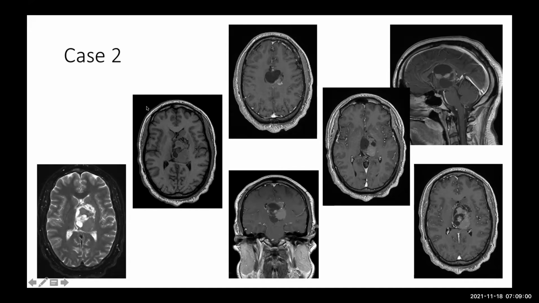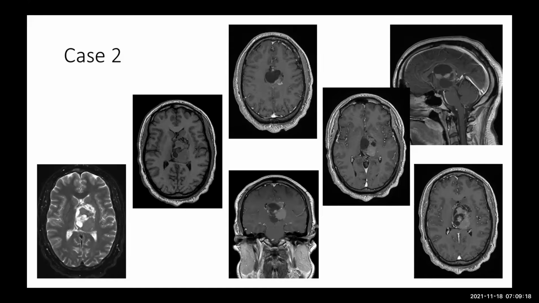Oh yeah. So what's part of your differential? So for thalamic lesions, based on this, it could be a primary glioma, could be a ganglioglioma.